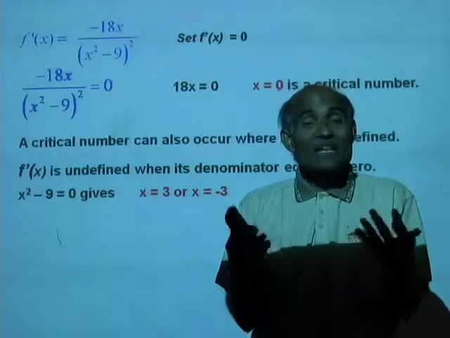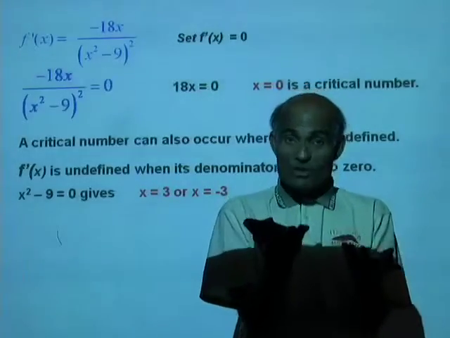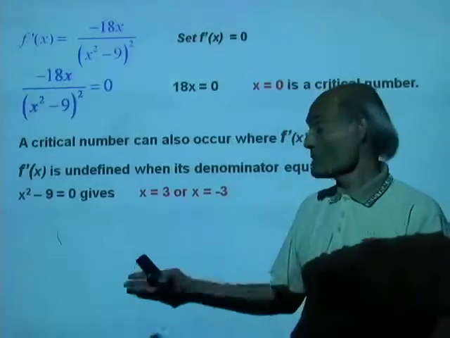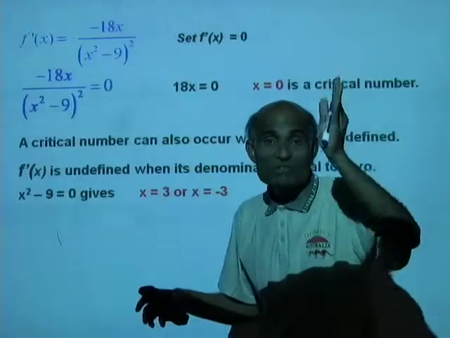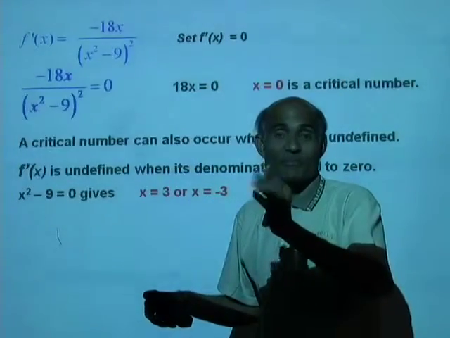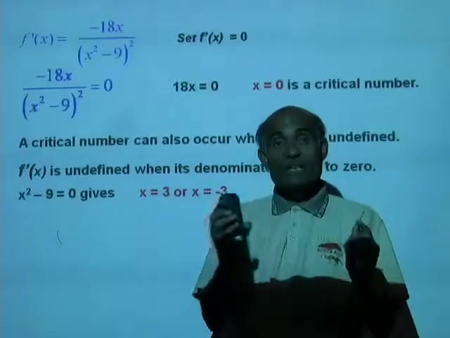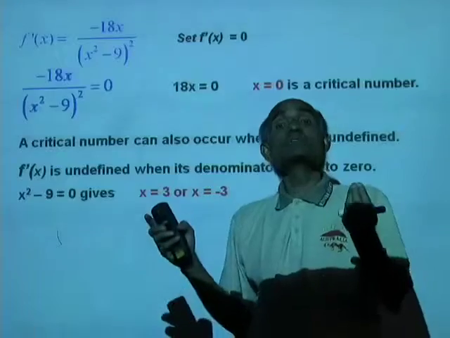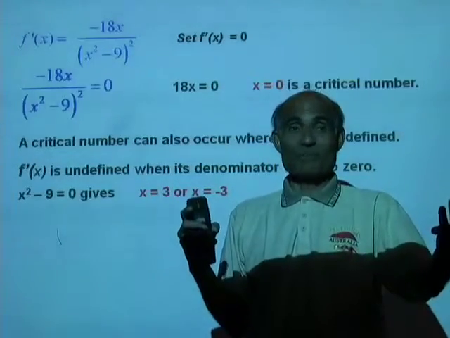Because, at least from your understanding of functions from pre-calculus, you know that these numbers represent vertical asymptotes. So, the behavior of the function to the left and right of these numbers needs to be known in order to draw the graph of this function.